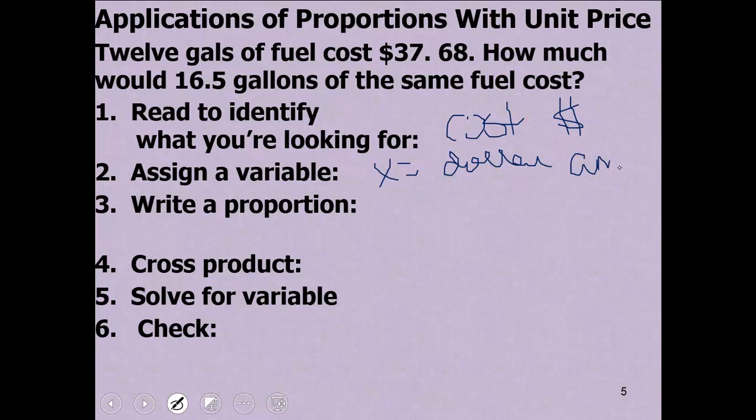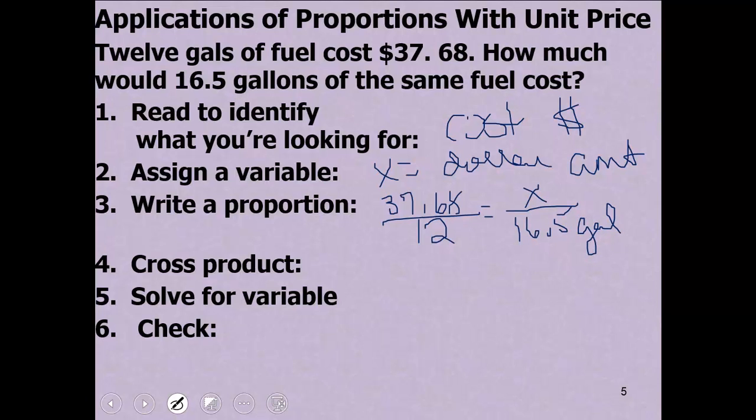Write a proportion. I know that 37.68 is the price for 12 gallons. And then I'm looking for the dollar amount for 16.5 gallons.